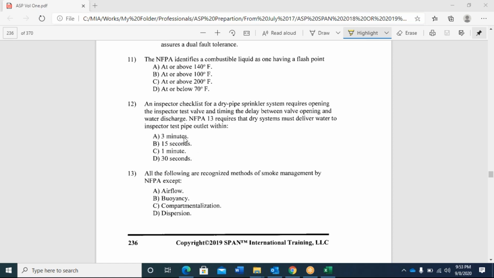Question number 12 is also not discussed. So I think the answer is 1 minute. Yes, it is 1 minute. Question number 12 is related to question number 10, where he discussed that in the dry pipe the whole network is not energized, or not pressurized.